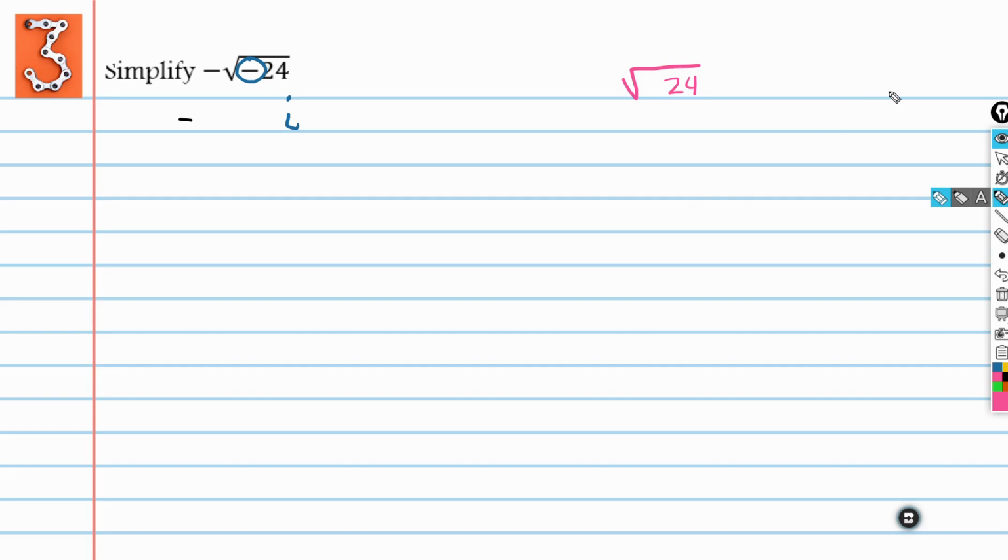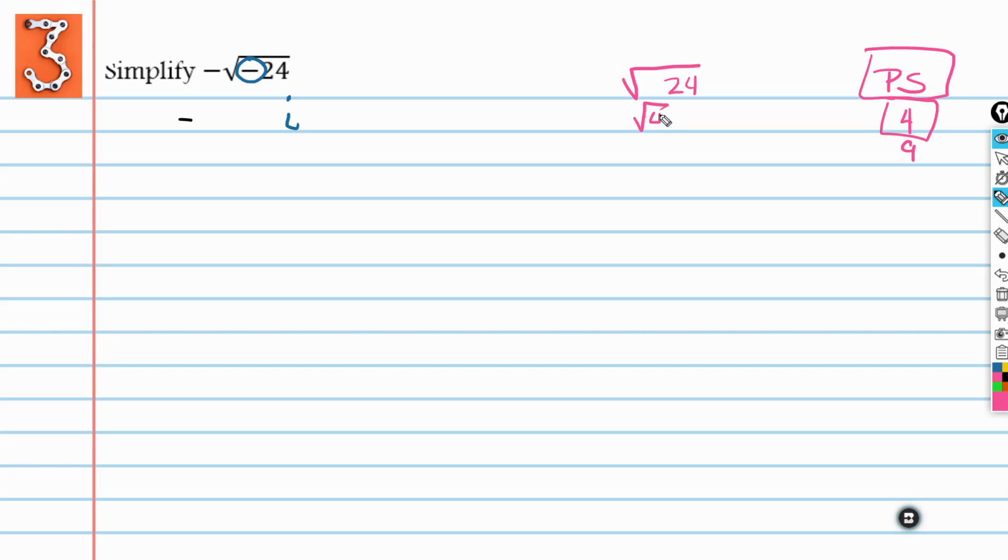Well, that 24 wasn't on my perfect squares list. Remember, that list was 4, and then we had 9, and so forth. So I need to think about whether any of these perfect squares is a factor of the square root of 24. Well, 4 can divide in.